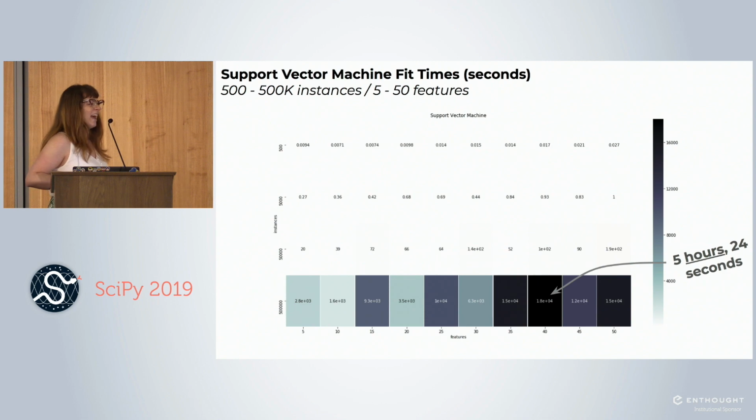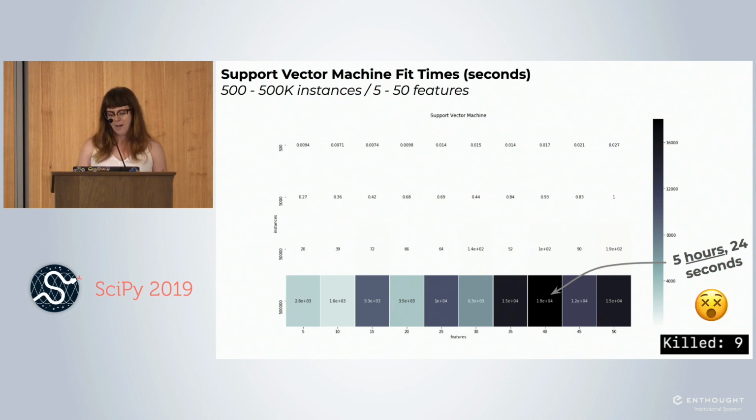And yet, as we expand to even more complex models, like a support vector machine, for instance, which is a very complex model in terms of the internal parameters, we quickly get into a space where this becomes less and less tractable. For example, even doing this demo benchmarking for this talk, I couldn't get past 500,000 instances before my machine was like, stop.